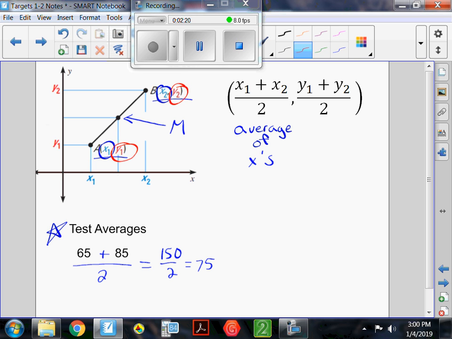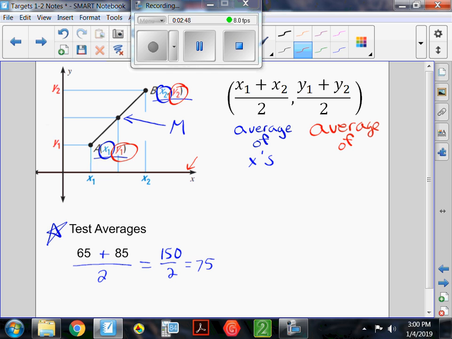So y1 and y2 talk about a vertical distance away from the x-axis. And so if y1 is a couple of units away from the x-axis, and y2 is so many other units away from the x-axis, if I take those 2 distances and I add them together, and divide by 2, I'm finding the average of the y values.